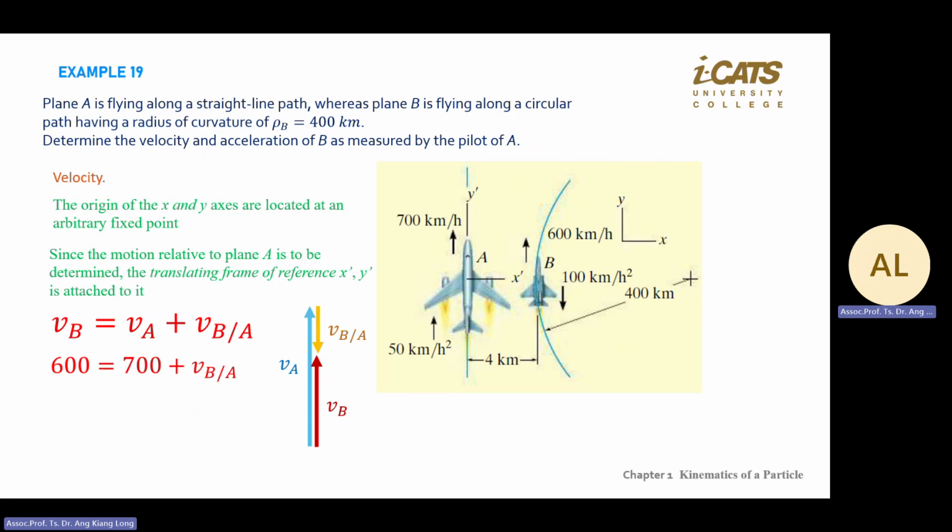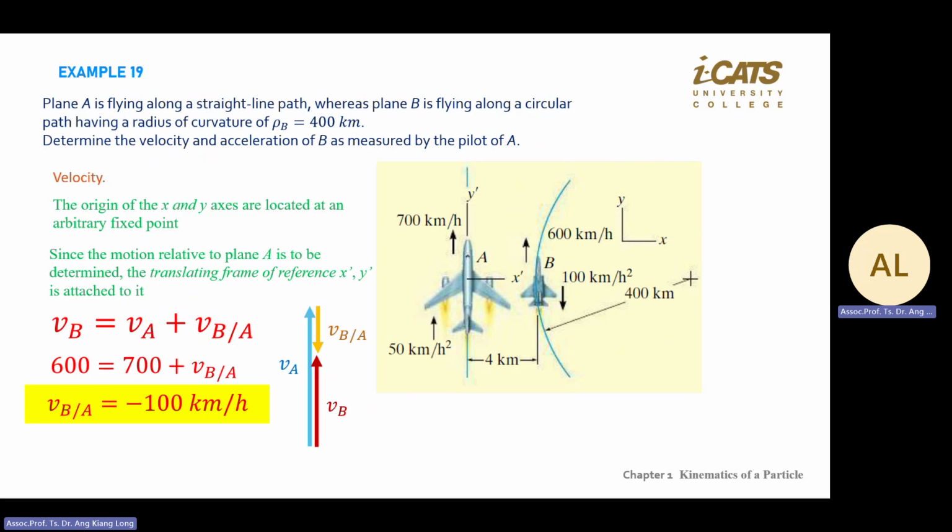Okay, because all the direction is in the Y direction, you can treat everything as the Y direction. So VB equals 600, VA is 700, equal to VB minus VA. So from here you know that VB stroke A equals what?